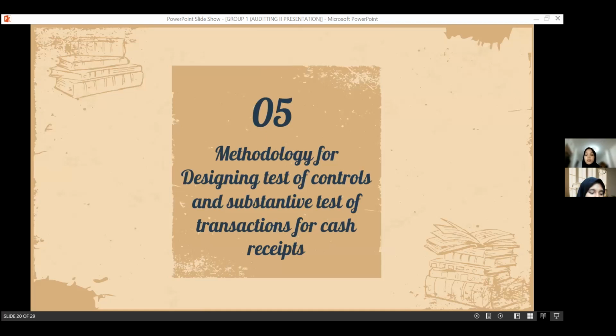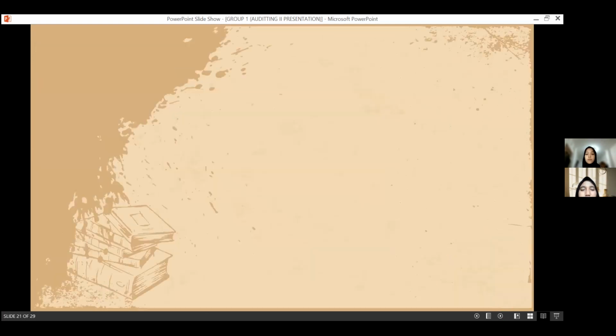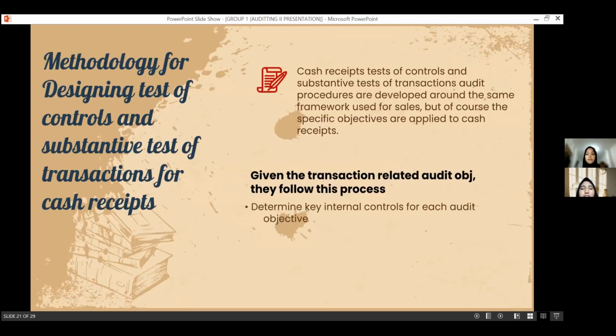The fifth is methodology for design and test of controls and substantive tests of transactions for cash receipts. Cash receipts tests of controls and substantive tests of transactions audit procedures are developed around the same framework used for sales.